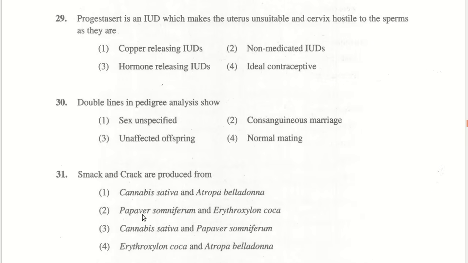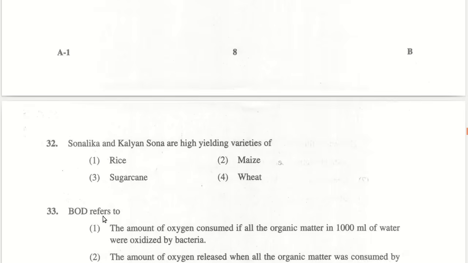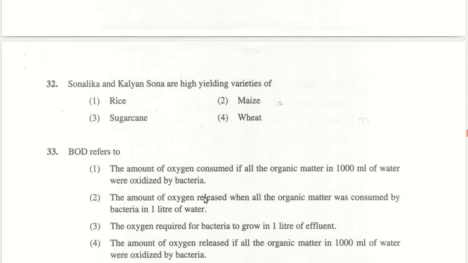So they are produced by Papaver somnifera, that is the poppy plant, and Erythroxylum coca. So the second one is the answer for the 31st question. 32nd, Sonalika and Kalyan Sona are high yielding varieties of wheat. 33rd, BOD refers to the amount of oxygen consumed if all the organic matter in 1000 ml of water were oxidized by bacteria. We call it biological oxygen demand.